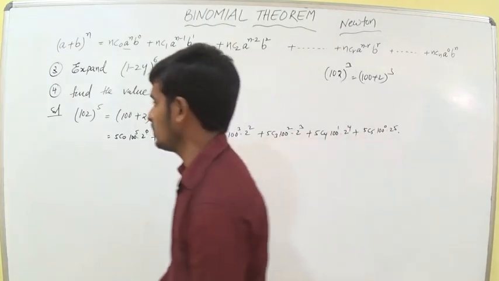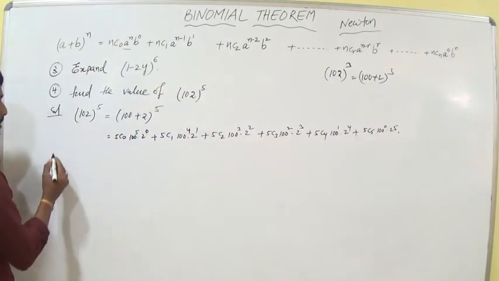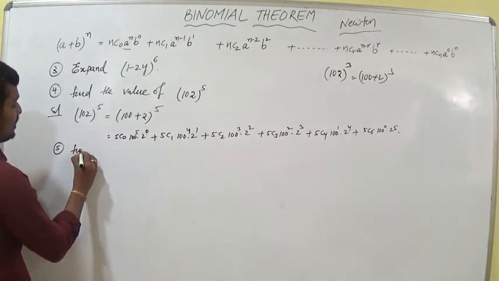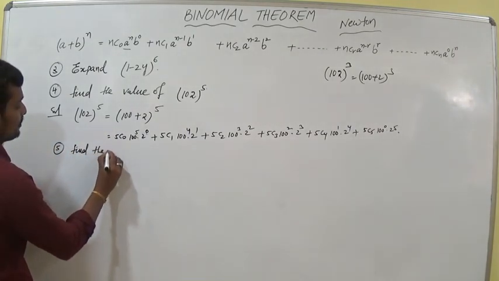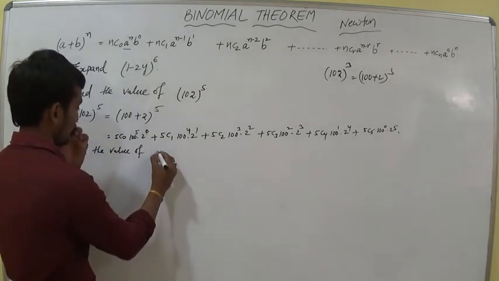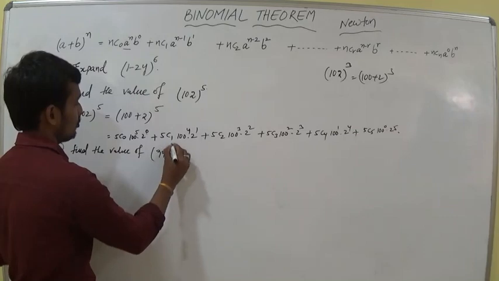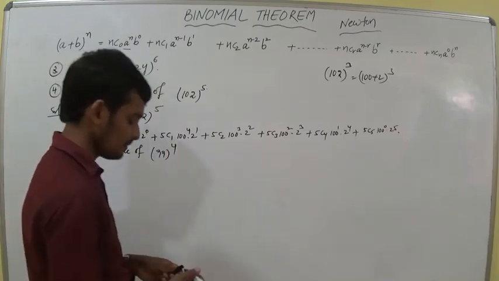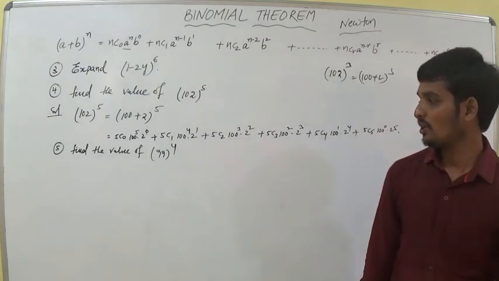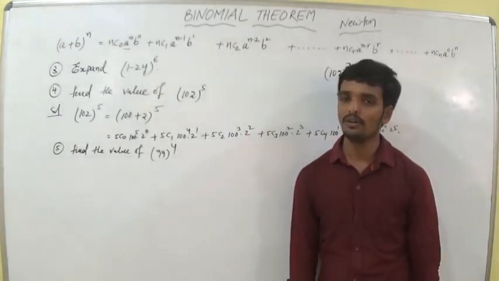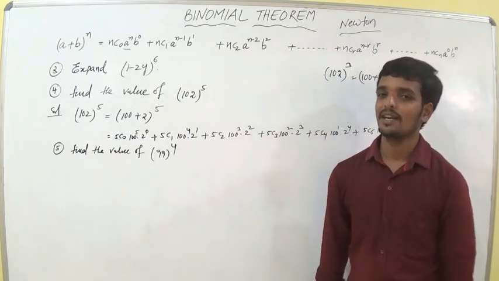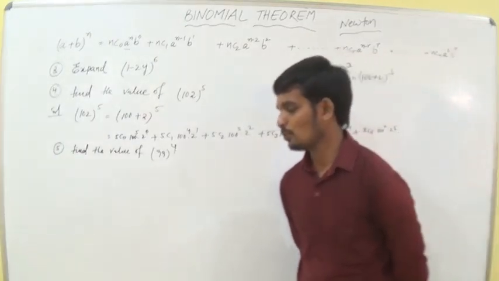In your classwork, we have to complete this problem. And one more I am giving: find the value of 99 whole power 4. How can we write 99 whole power 4? 100 minus 1 whole power 4.